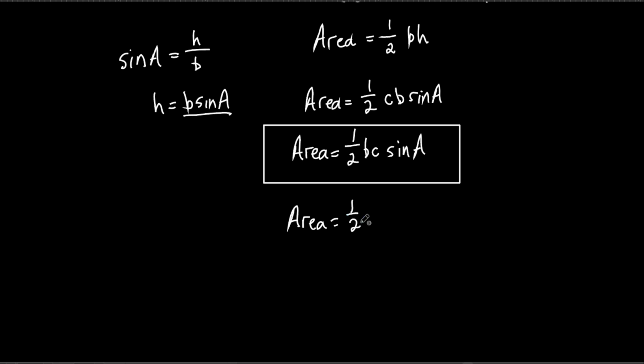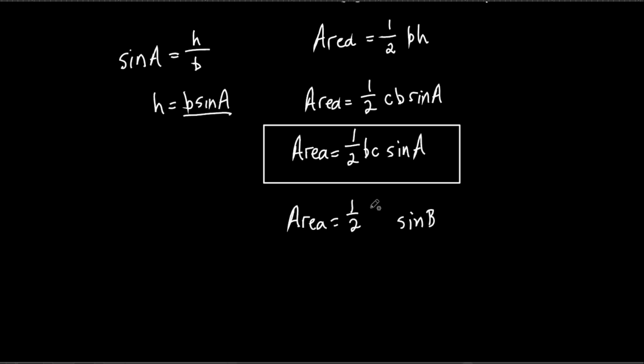Another area, now watch this. What if I used angle B instead? Let's think a little bit about this. Instead of BC, look, I've got side B, side C, and angle A. So I got all 3 things there, right? I got A, B, and C. I got a B here. What do you think I'm going to put right here? An A and a C, exactly right.